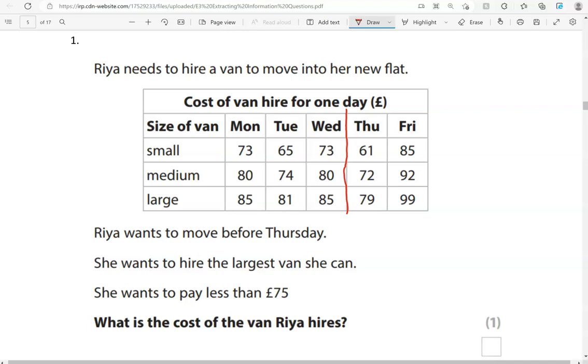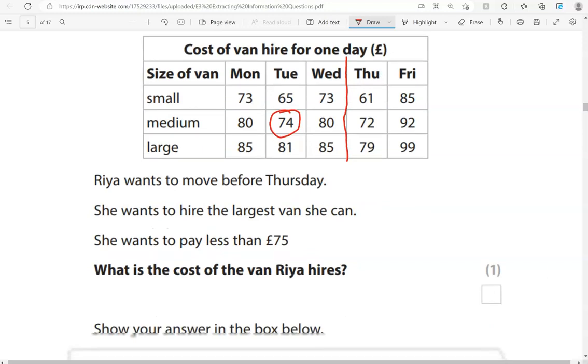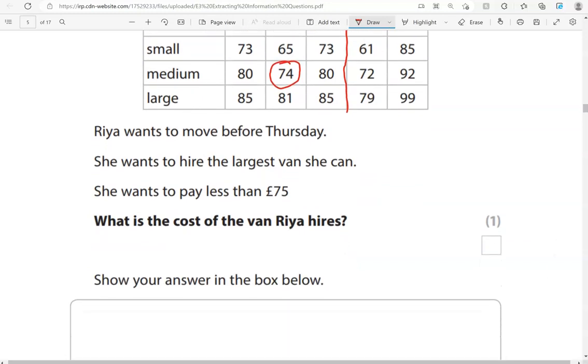So looking at large, is there anything there under £75? There isn't. 85, 81, 85. Looking at medium, we've got 80, 74 and 80. So 74, that is under 75. So that's the one that we're going to suggest. The cost is £74.